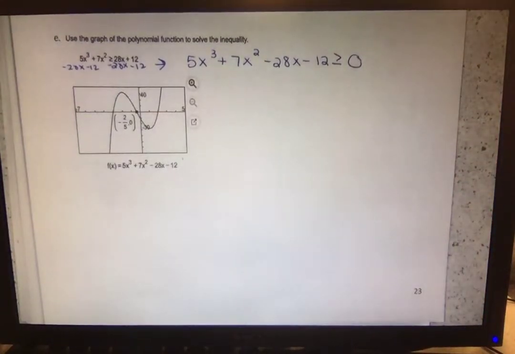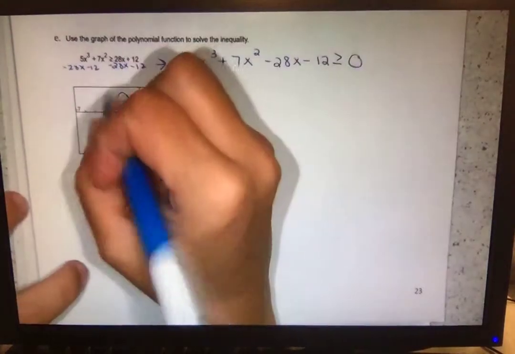Do we agree? Yes. Okay, so we're trying to see when these critical values are greater than 0. What's another name for these critical values if it's set to 0? Yeah, solutions, zeros, roots, x-intercepts. So they already found the x-intercepts for us.